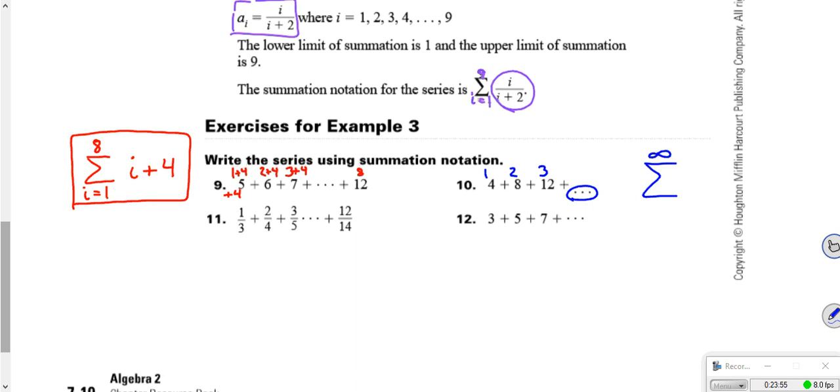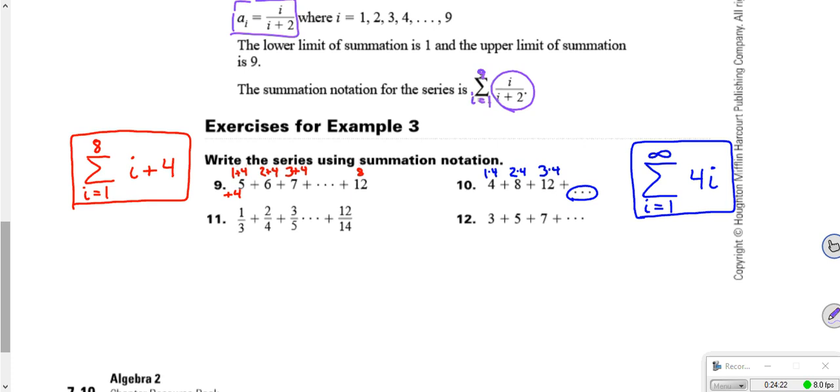Well, you can see that in all 3 of those cases, if I just multiply by 4, I get the desired number. So this is going to be 4i or 4n or 4k. I don't really care what you use. And we're going to start with 1 and go to infinity, because that is an infinite series. Number 11.